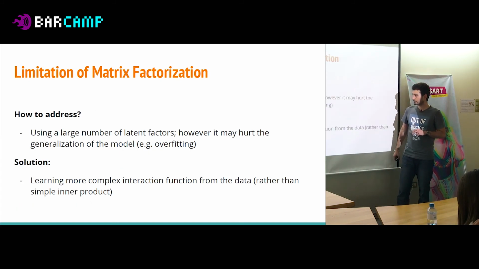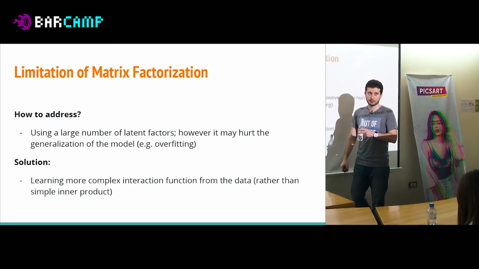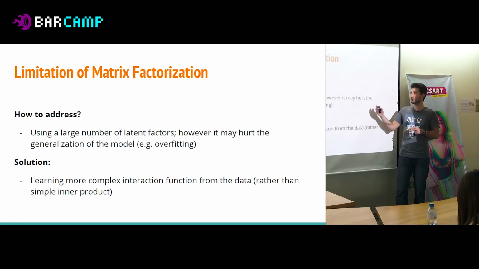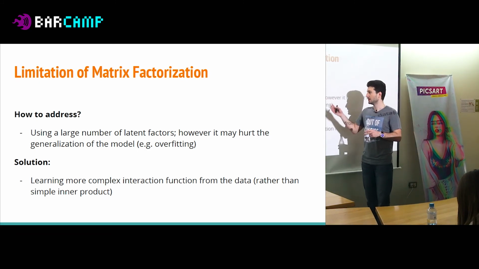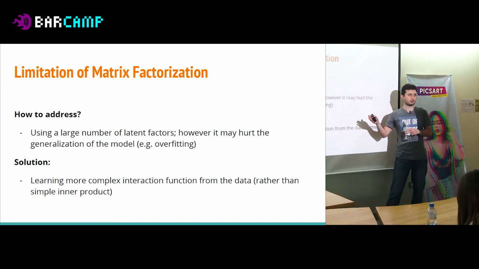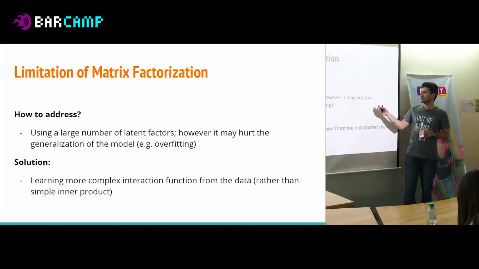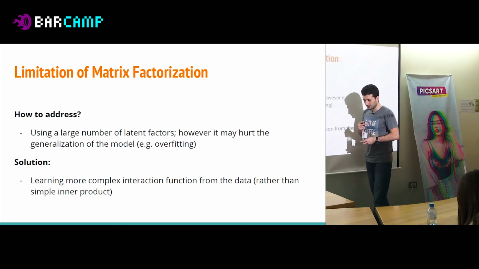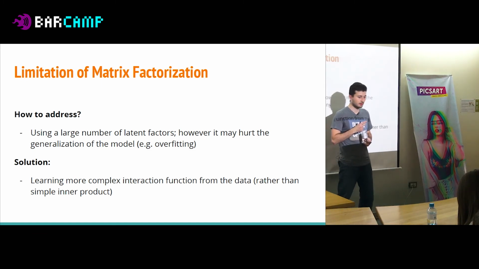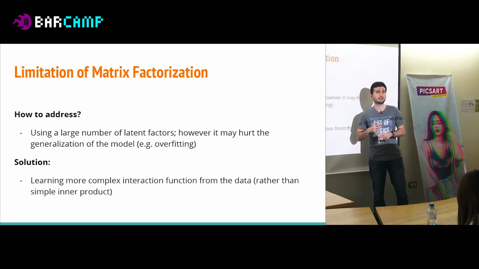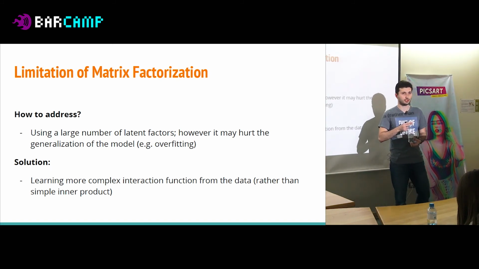How to address this problem? One way is to just increase the dimensionality of the vector. So not make latent factors of dimensionality 2 as in the previous example, but make it 3, 4, and more. The problem here is that we can cause overfitting, and making too big latent factors also causes computational problems.